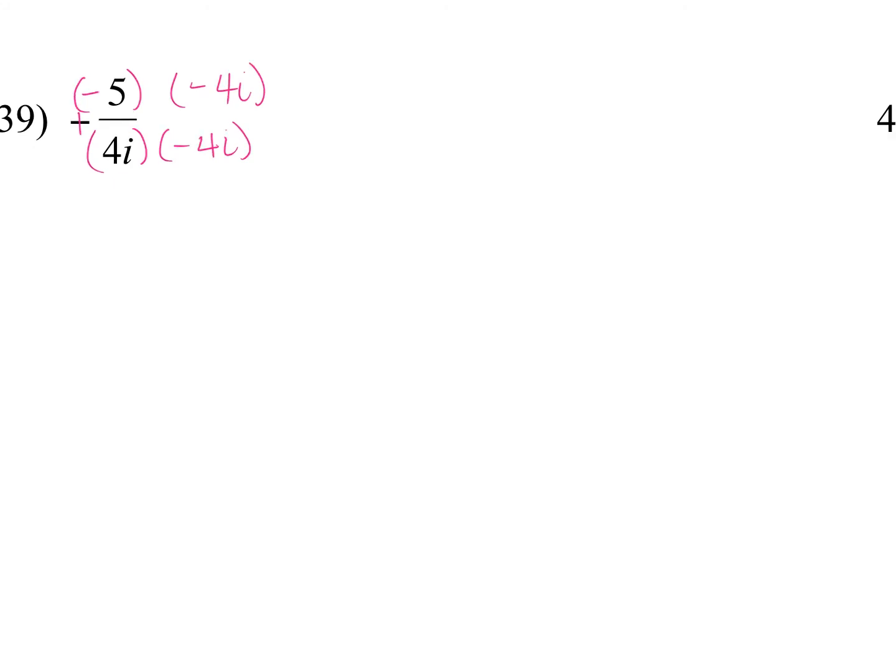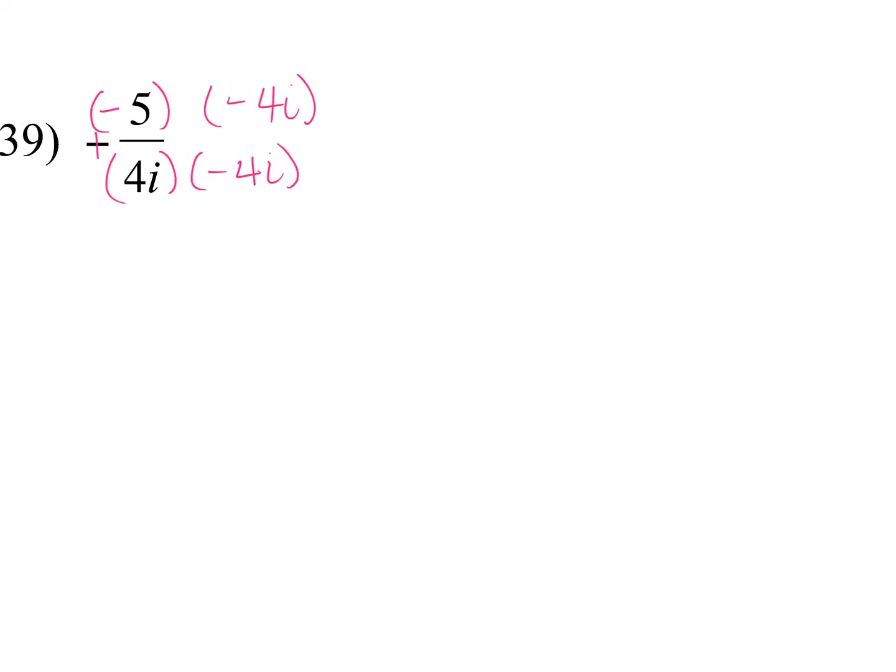Your negative 5 times negative 4 gives you a positive 20. You keep the i. On the bottom, you have 4 times negative 4, which is negative 16, times i, which is i squared. The only thing you can simplify here is that i squared becoming negative 1, which makes it 20i over positive 16.